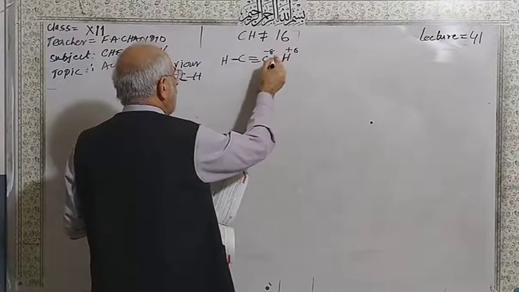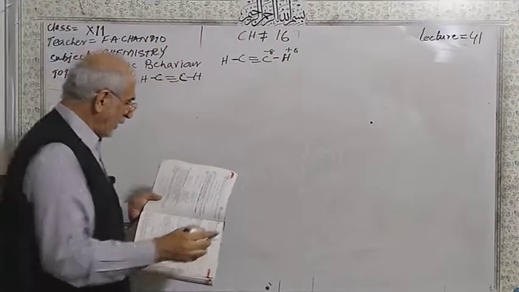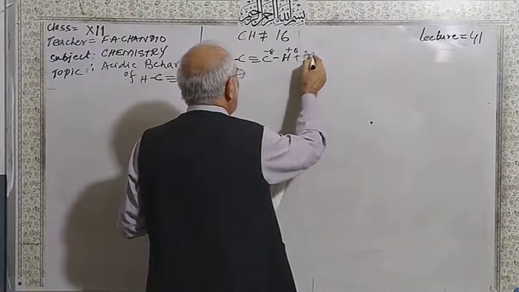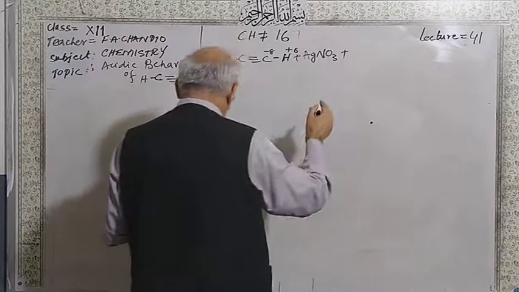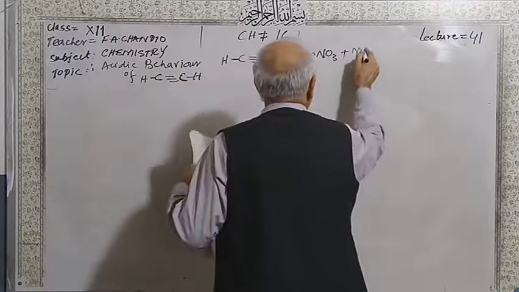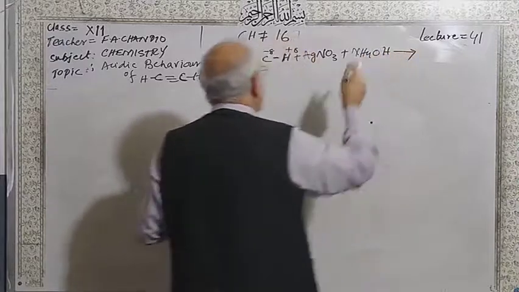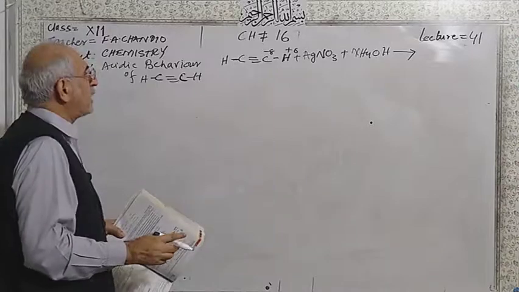You can use propyne with the terminal hydrogen here. So it can react with ammoniacal solution of silver nitrate. Silver nitrate is added with ammonium hydroxide. We call it ammoniacal solution of silver nitrate.